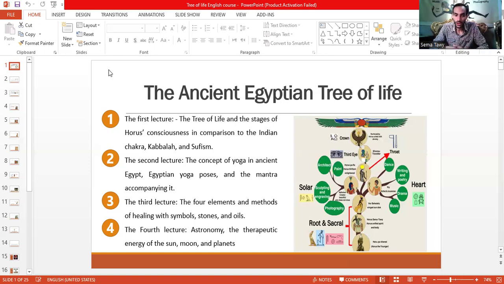The 4th lecture, we will speak about astronomy and how they used astronomy in therapy, the therapeutic energy of the sun, and how they benefit from the energy of the sun at sunrise, at the middle of the day, and at the time of sunset.